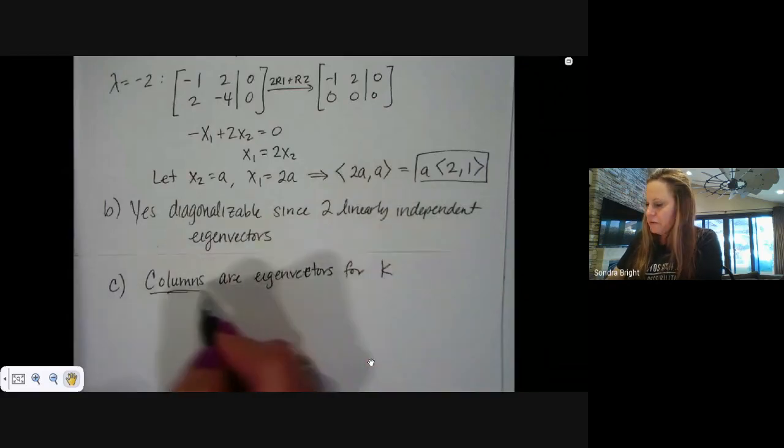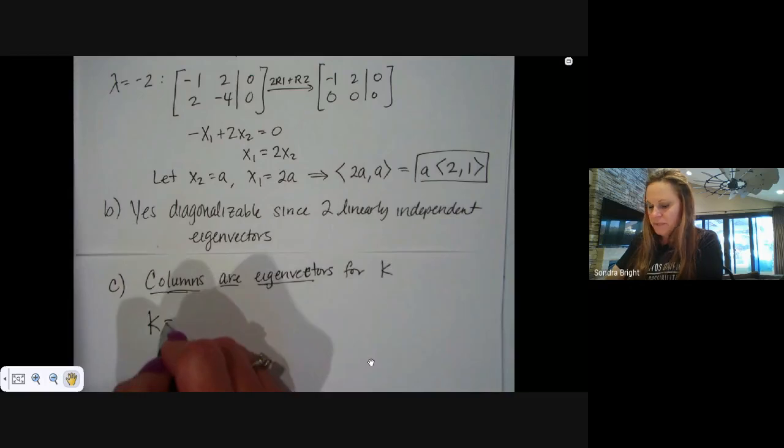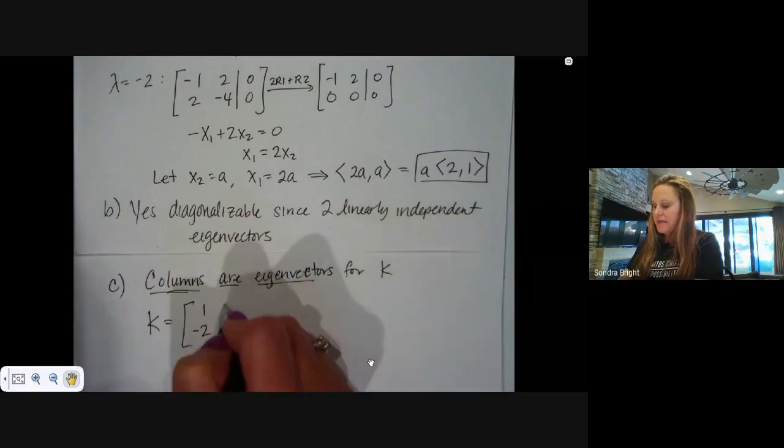And so you'll say K is, the first one was (1, -2), and the second one was (2, 1). There's K.